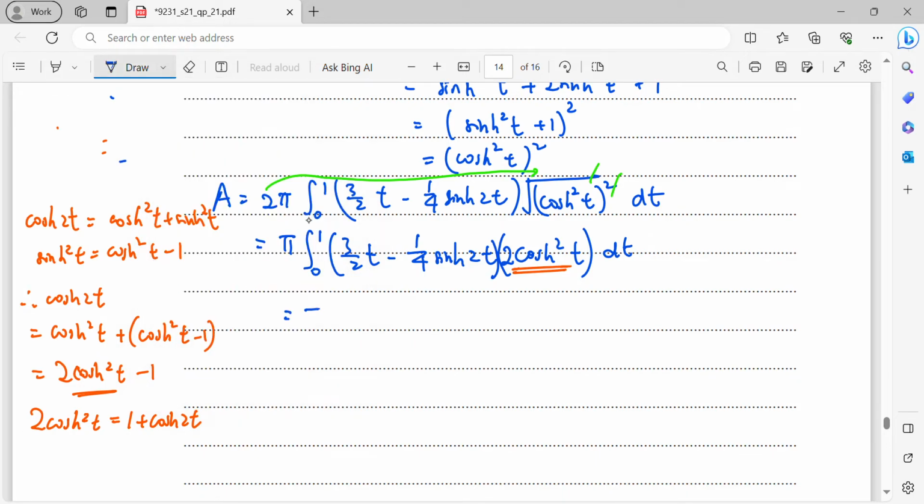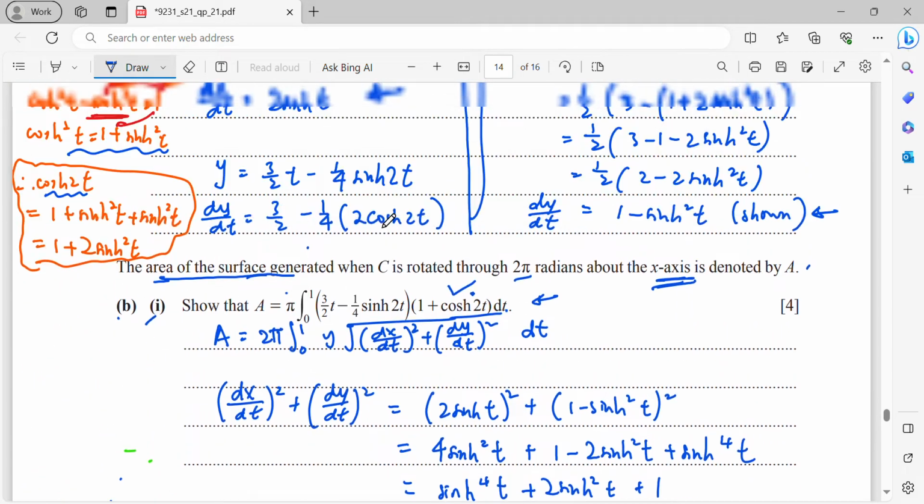So here you will get 1 plus cos 2t dt. Okay, so let's check the answer. Exactly the same from now.